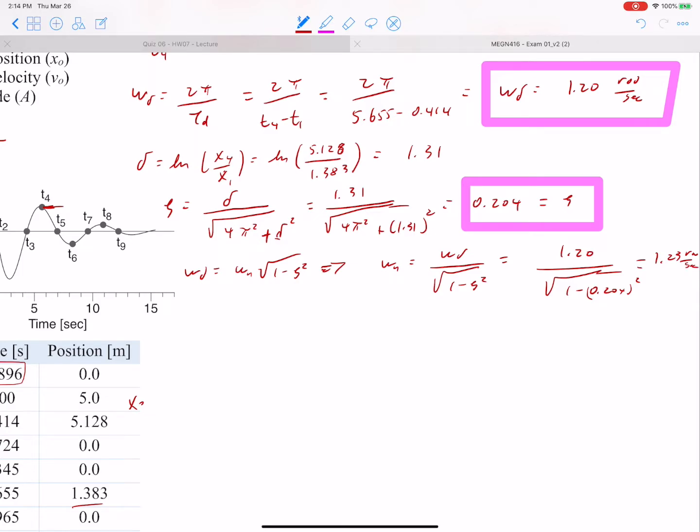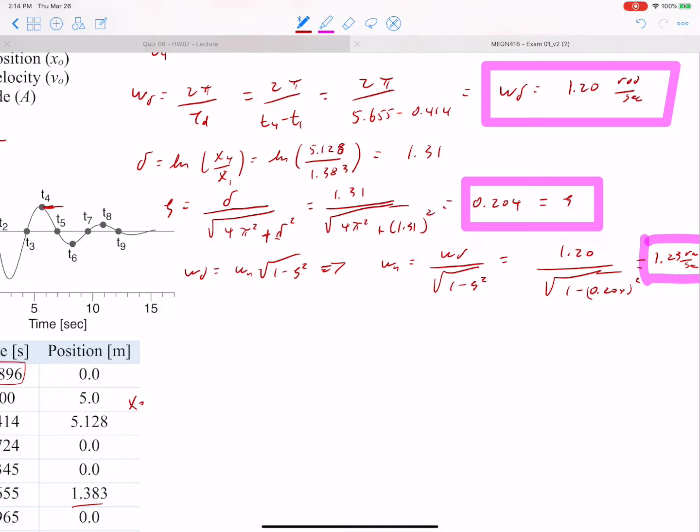Notice that our damping ratio isn't large enough to greatly impact the frequency, but it's not too small either. Then we can go ahead and box that like good citizens.